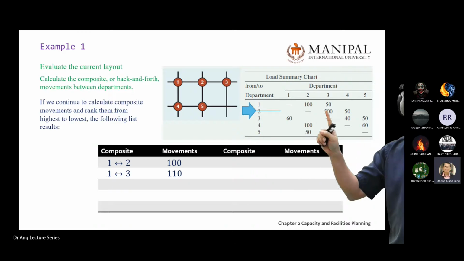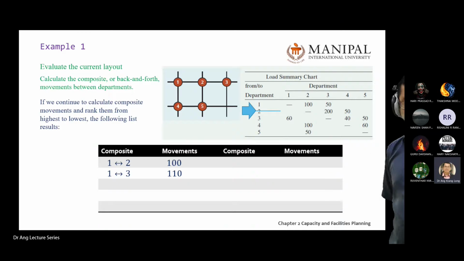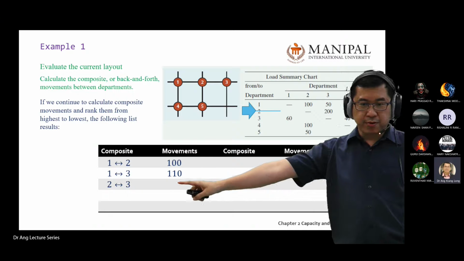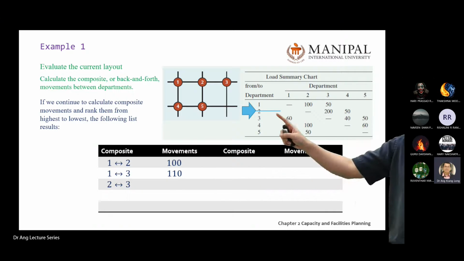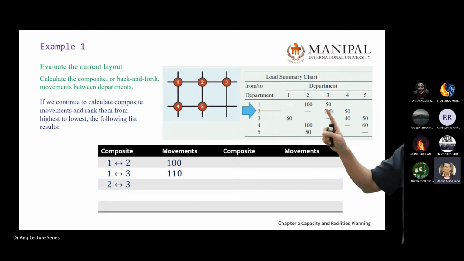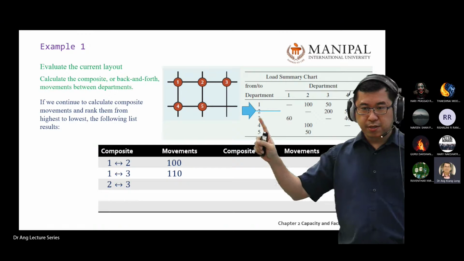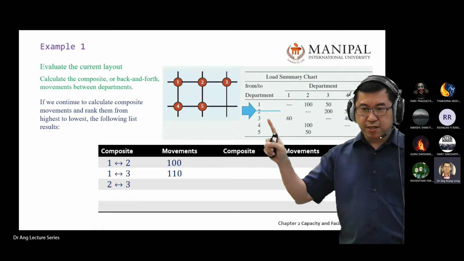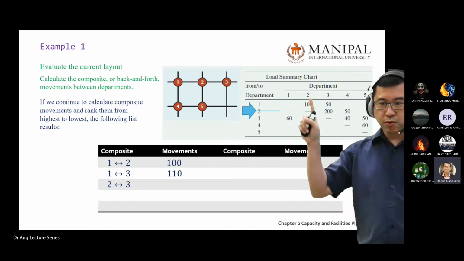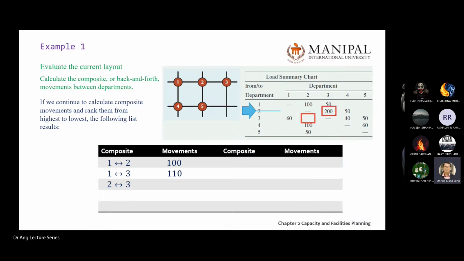So I have 200 plus 0. The next number I write on my chart is 2 to 3. 2 sent to 3, I get 200, plus 3 back to 2, 0. 200 plus 0, I get 200. So I just highlight it for you.